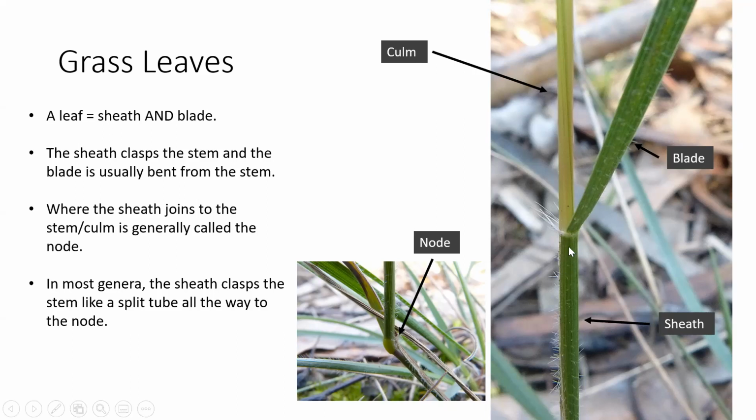So other graminoids like your sedges and rushes can have sheaths and blades, but they won't usually have a distinct junction.